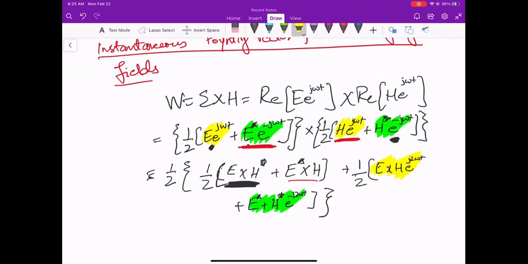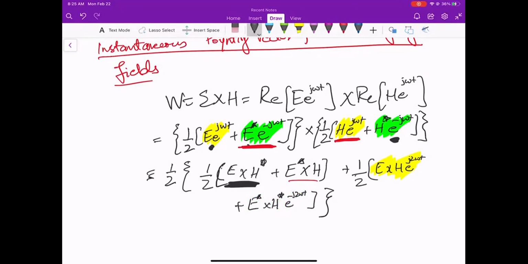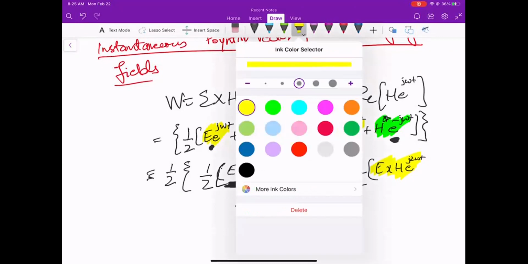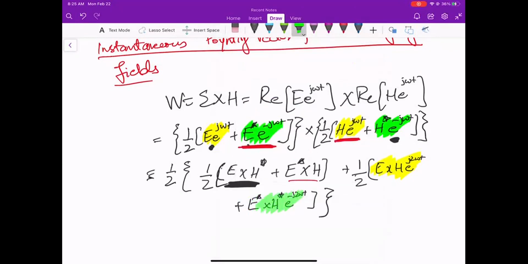Also, for the e^{-j 2 omega t}, is there a reason why it's on the magnetic field side rather than the electric field? Oh, one minute, there is one mistake here. The H is being multiplied by e^{-j 2 omega t}.